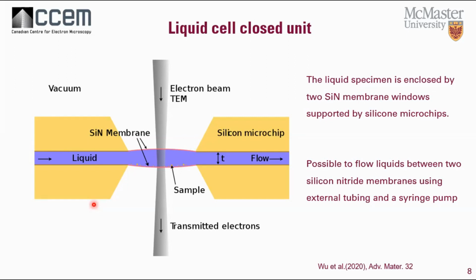The thickness of the liquid is kept sufficiently small with respect to the mean free path length of electron scattering in the materials, so the electron beam is transmitted through the sample for detection. It is also possible to flow liquids between the two silicon nitride membranes using external tubing and a syringe pump.